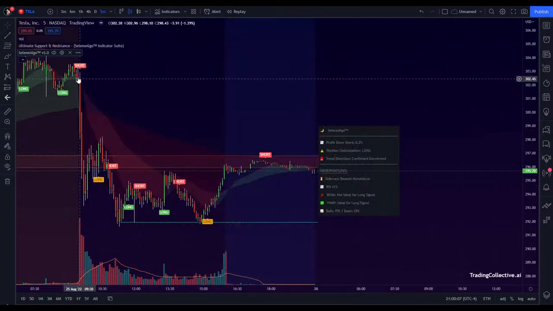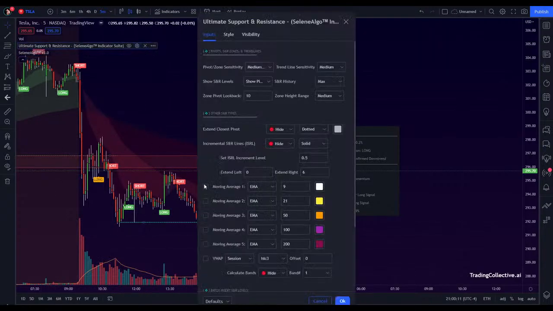And then we will go into our settings here for the USR. You'll see me flip on our moving averages, extend our closest pivot, as well as show higher high, lower low. As well, you can also adjust your pivot and zone sensitivities. This is something I encourage you guys to play around with because this can be a huge eye opener for how Selene is working and how it's working in relation to the security itself.